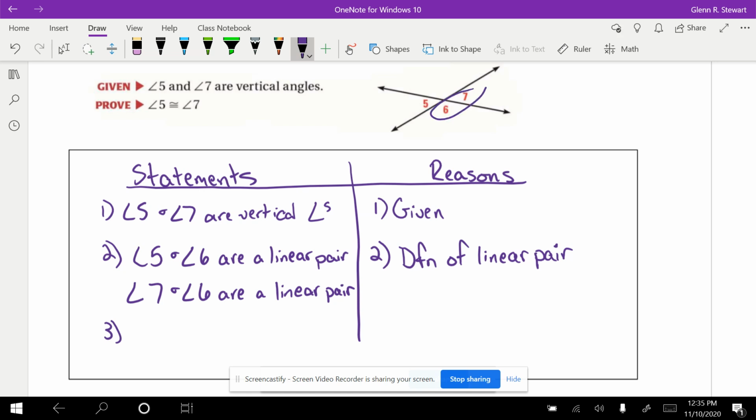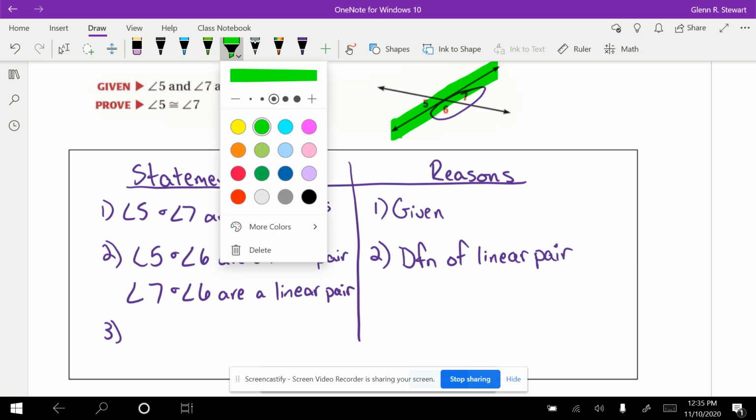Both of these angles are adjacent, which means that they're beside each other. And if you notice, this makes a straight line, so that constitutes that both of those angle sums are 180 degrees. And that's what a linear pair is. So they're 180 degrees, which makes them a linear pair.